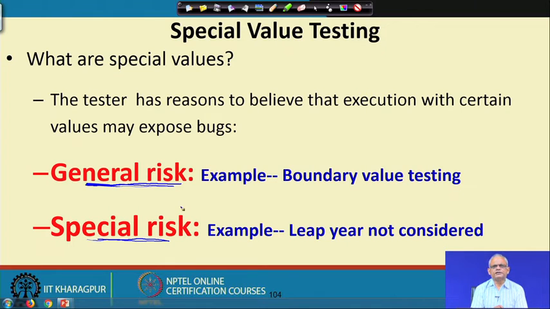In addition to equivalence class testing, we need to do special value testing, and one type of special value testing is the general risk. An example is boundary value testing, and also the special risk data values should be used to define test cases.